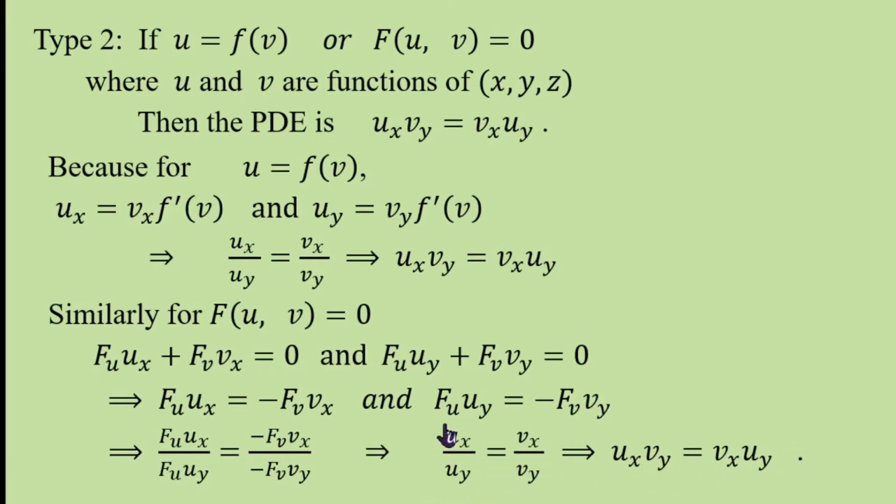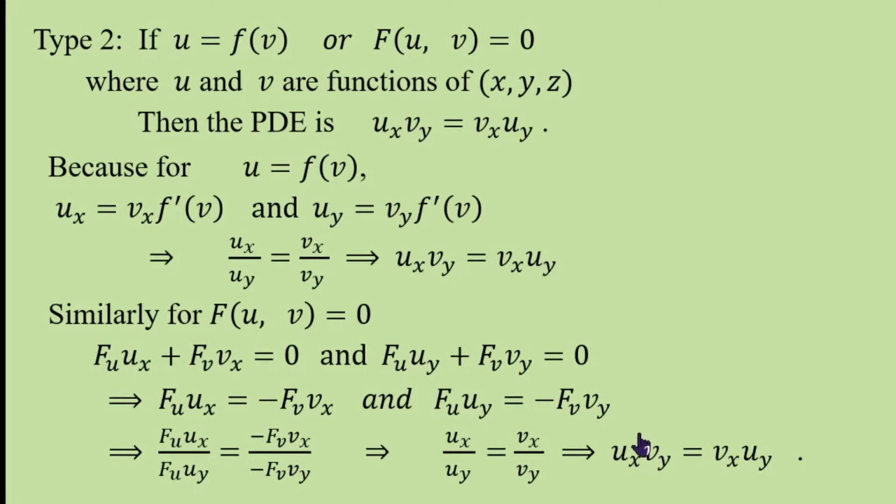So simple method: just write what is u, what is v, differentiate partially with respect to x and y, and the required PDE is ux vy equal to vx uy, and then write the PDE in linear form.